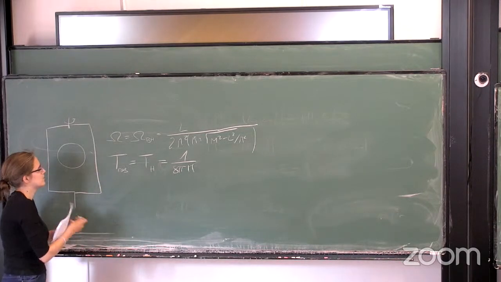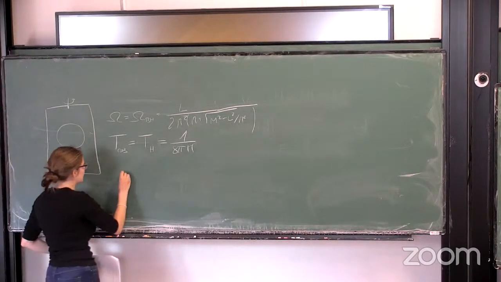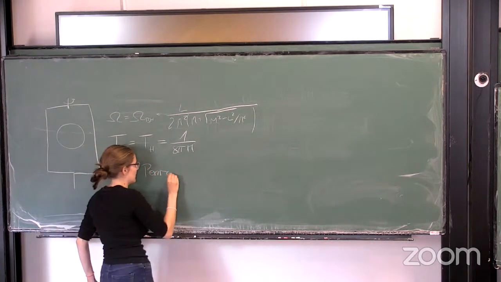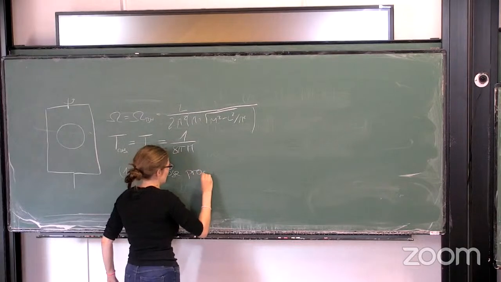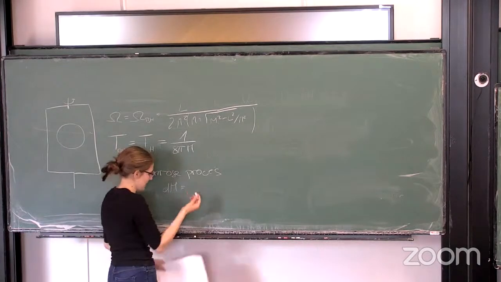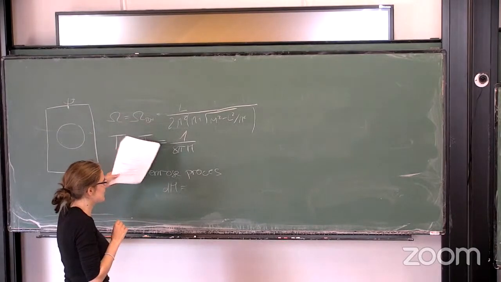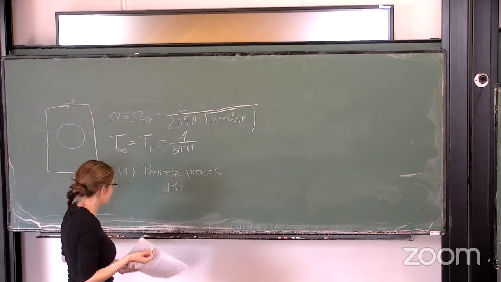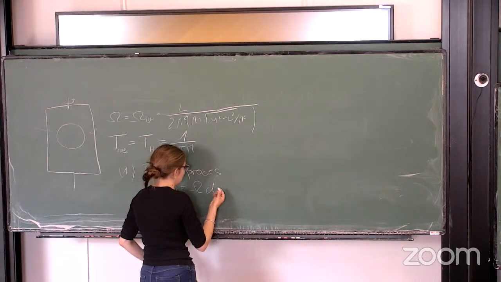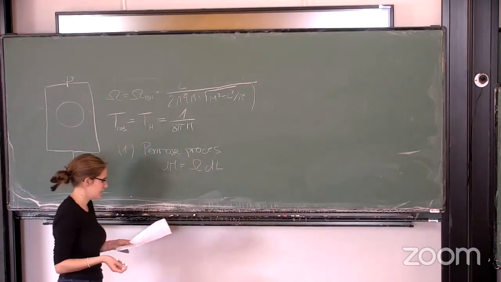So we split these processes into two steps. In a first step, we do a Penrose process, where we change the mass by some dM, which, if you plug in the omega we saw before in the formula for the work, is just given by the angular speed of the black hole times the change in angular momentum.